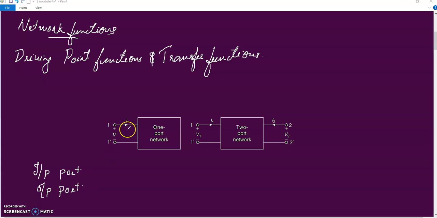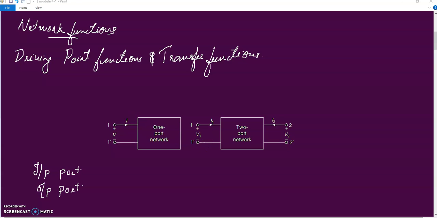In one-port network, only one pair of terminals is there, that is 1, 1 dash. And in two-port network, there are two pairs of terminals, that is 1, 1 dash and 2, 2 dash. Voltage and current are assigned to each port. In one-port network, we have V as the voltage and I as the current.